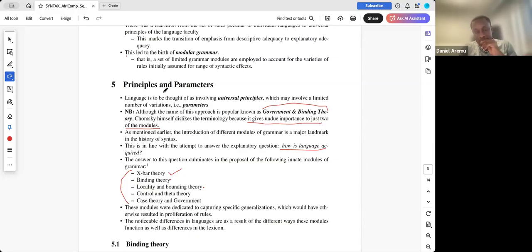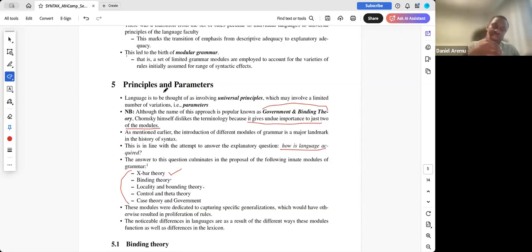That's the simple answer, right? But then the transformational generative grammar itself, or the generative approach, you can call it that way, is a long-term tradition. It's like an approach, and then there are developments within that approach. One of the developments is what we looked at last week, the phrase structure rules. Now we are looking at principles and parameters. It's still under Chomsky's generative approach.